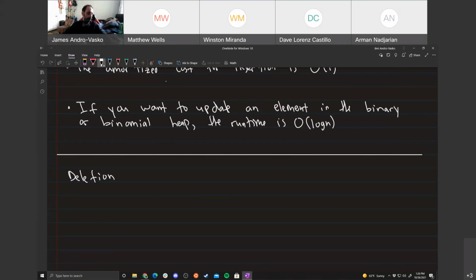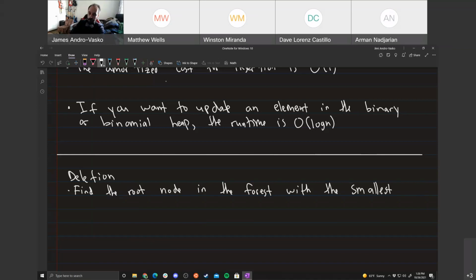So basically, what's going to happen is we're going to have to first find the root node in our forest with the smallest value, smallest key item, whatever you want to call it.